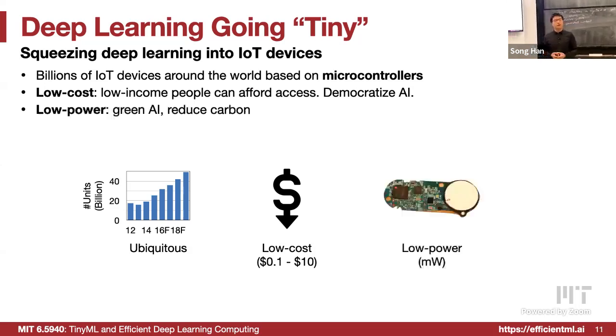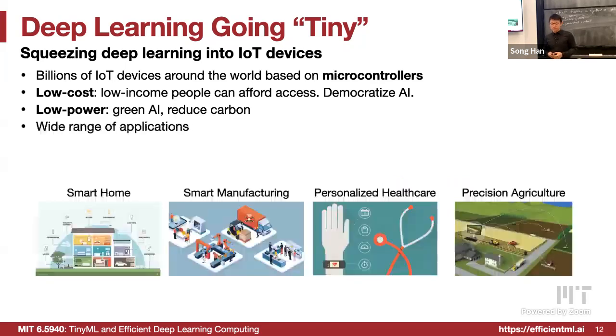And also they are low power, so we don't have to worry about our battery getting drained. Or if you go to a spaceship, there's no Wi-Fi connection, and there's also limited battery. You can run them at very low cost, in low power, even using renewable energy. That'll be super cool.